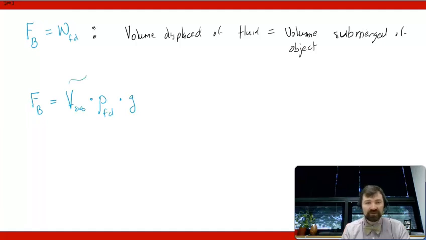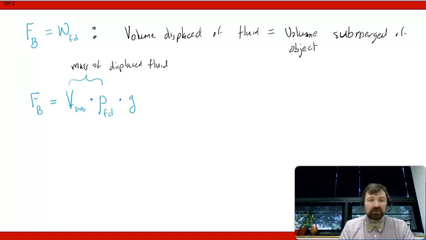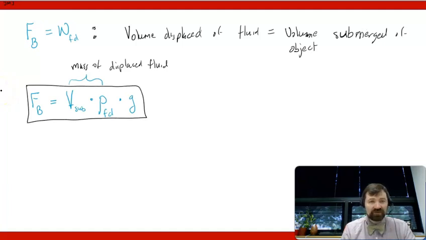And notice that this right here, volume times density, is the total mass of displaced fluid. So we're really using F equals m times g. We just have to figure out what our m is in this case. So this right here, I guess you could say, is also a boxable equation.